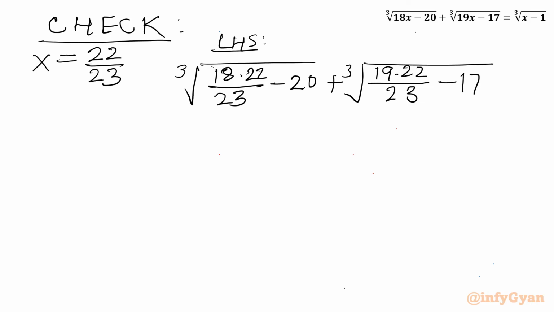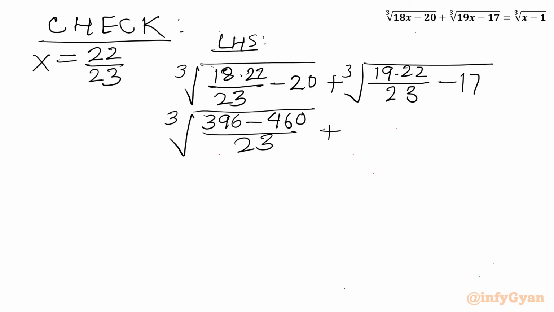If I simplify here, I will write 18 times 22, this value will be 396, minus 23 times 20, 460, divided by 23. Here I will write 19 times 22, so this value will be 418, minus 23 times 17, 391, divided by 23.